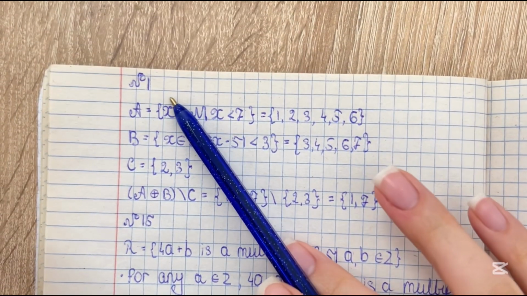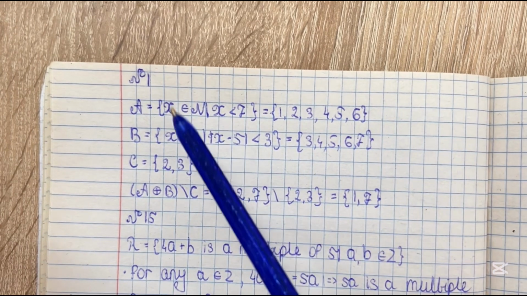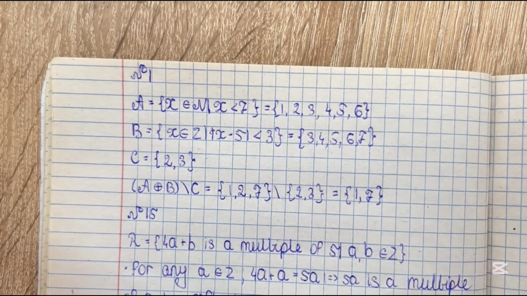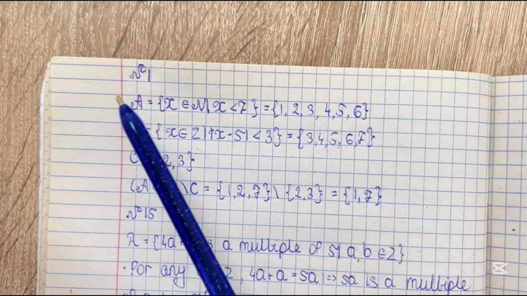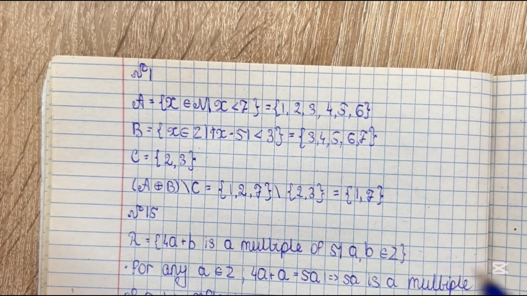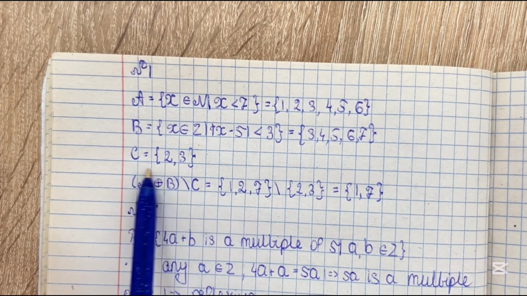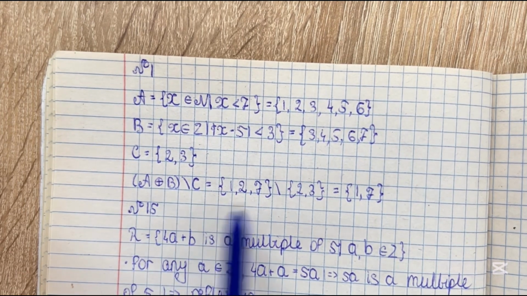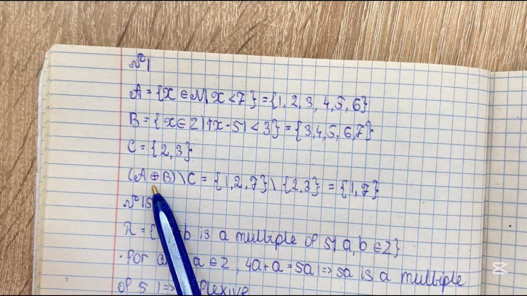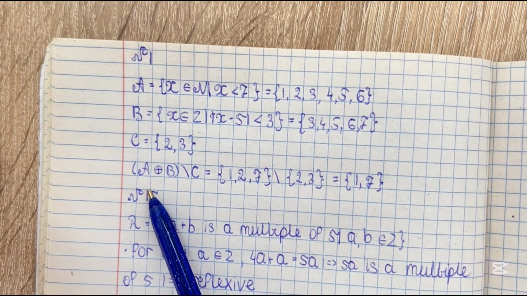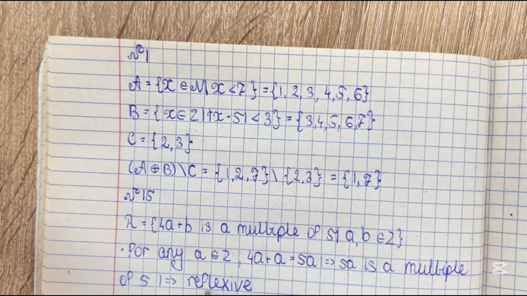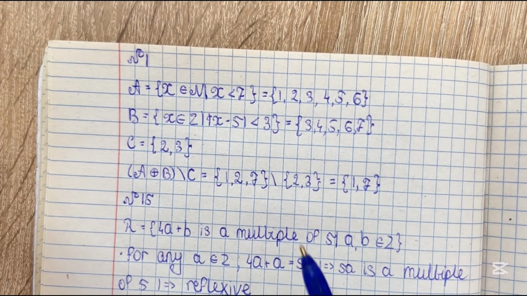Let's solve the first task. We are given 3 sets, A, B, and C, and for your convenience, I wrote all elements that are contained in the A and B sets, and we need to find the elements in this expression. The first symbol is the symmetric difference, and it means that we should write all elements that are in A or B, but not in both.